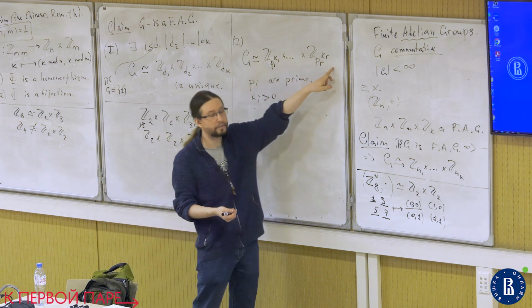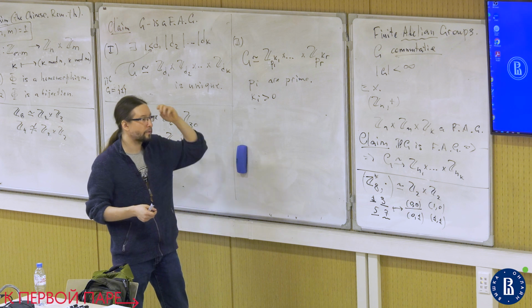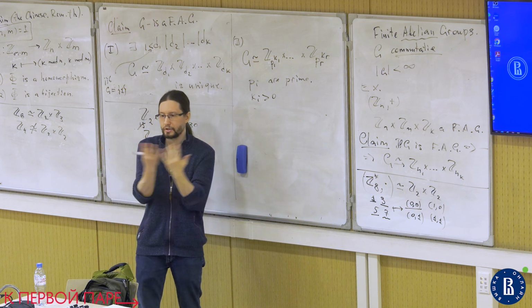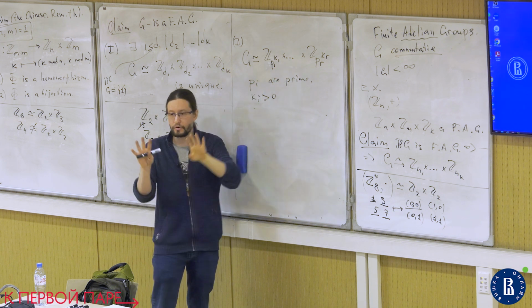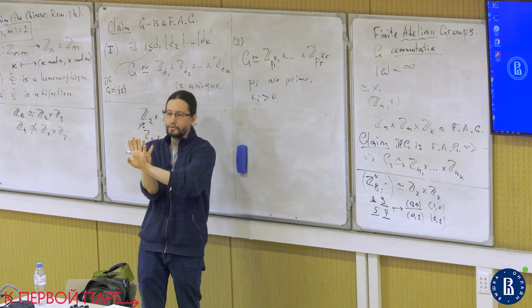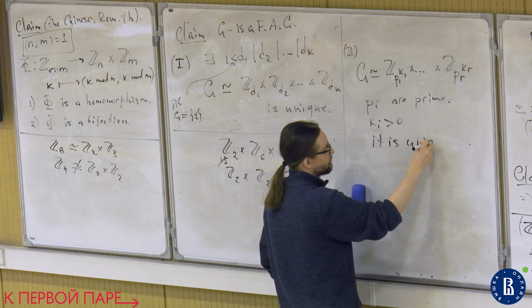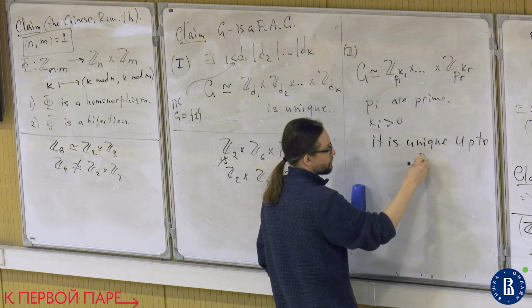So you can always split your group in this form. And now, what about uniqueness? The uniqueness here is up to permutation of factors. If you have two representations of this form, they're the same if and only if you can permute some factors and you will get the other representation.